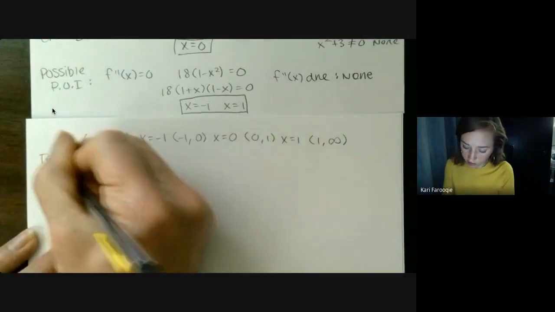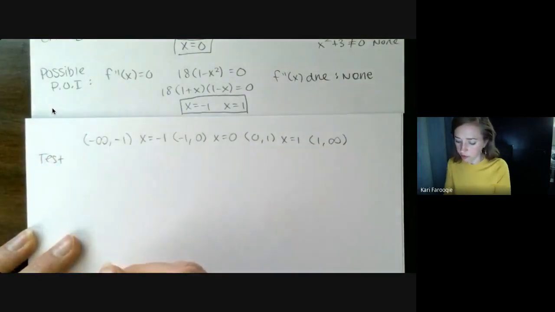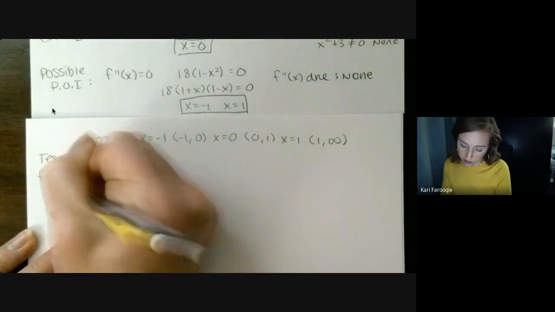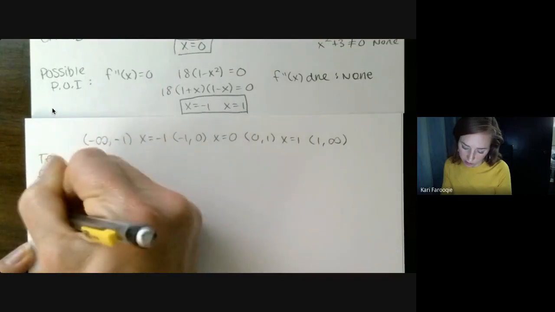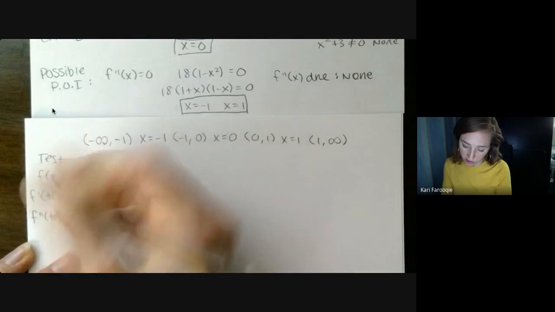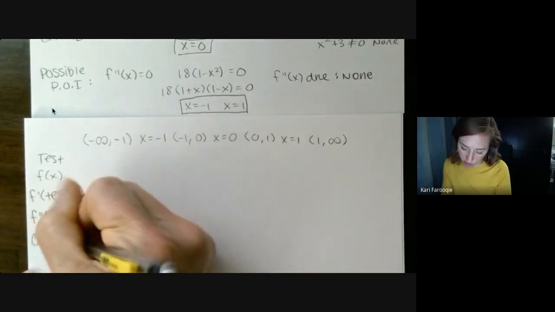We're going to get test values inside our intervals. We're going to look at f of x. We're going to look at f prime at the test values and f double prime at the test values. And then we're going to make conclusions.